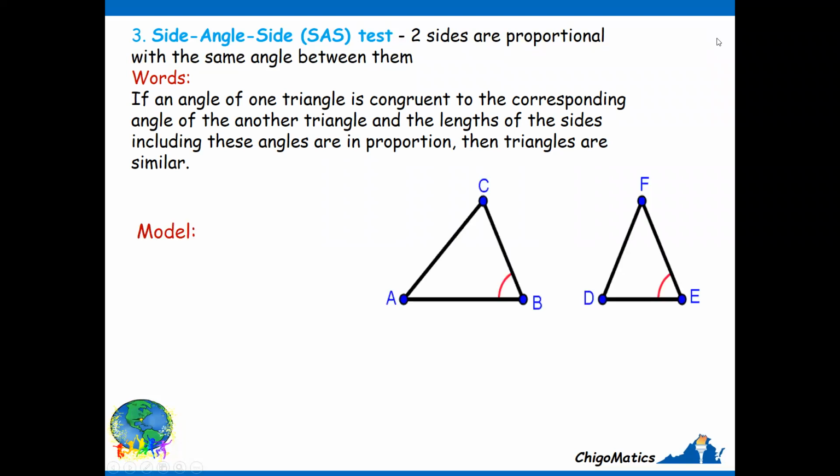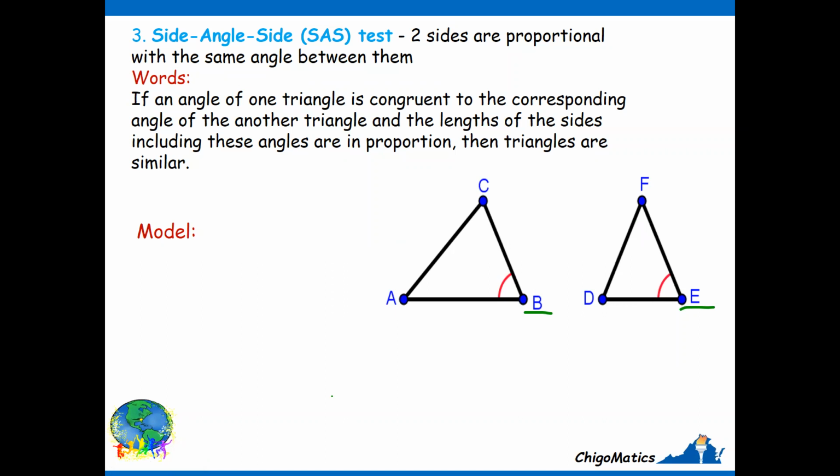Let us look at the model. This is the model now, wherein we are simply saying we have an angle which you are given, angle in B and angle in E. They are the same.